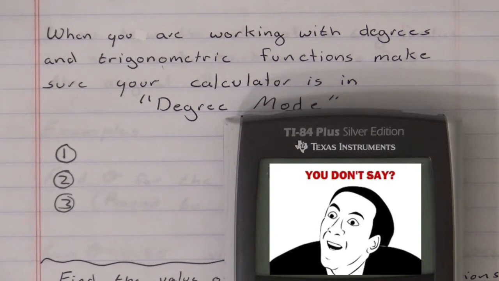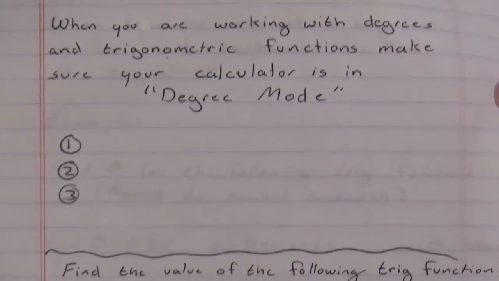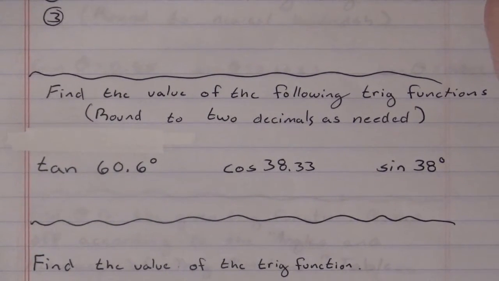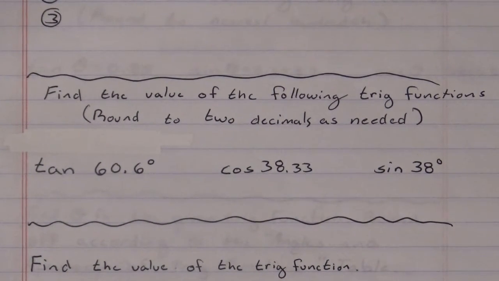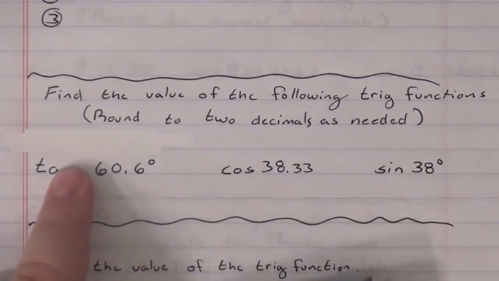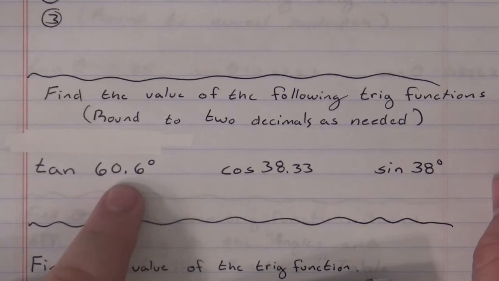Alright, so now that our mode is in degree, we can continue on. This is really simple, guys, and I'm not going to spend a lot of time on this because you have a calculator. It says find the value of the following trig functions. Round to 2 decimals as needed. You need to find tan of 60.6.